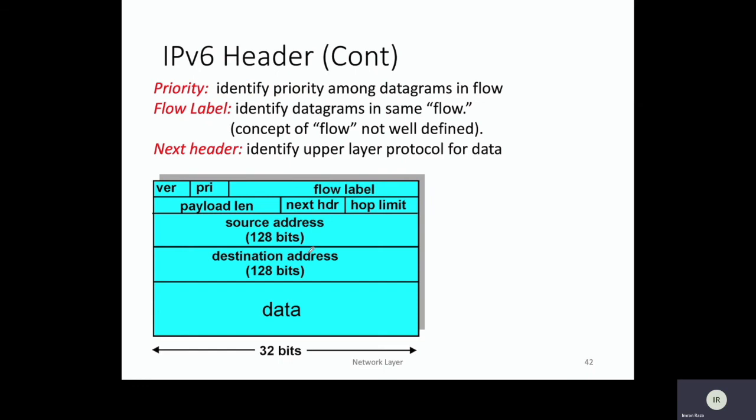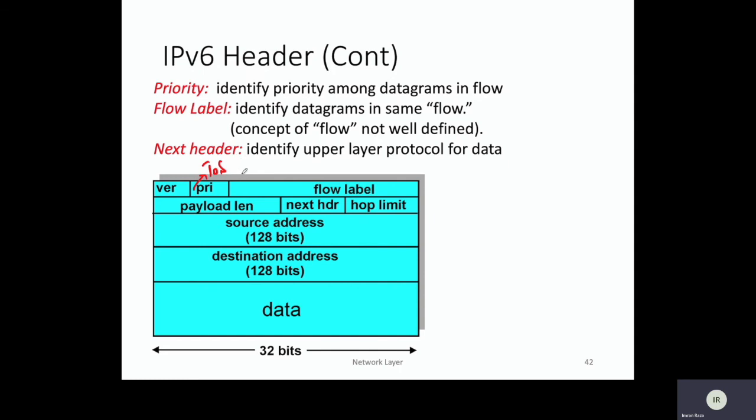Okay, so if we look at the header of IP version 6, here we have the version field, which is IP version 6 at the moment. Here we have the priority field, and this priority field is in fact the type of service field, similar to the type of service field in IP version 4, right?